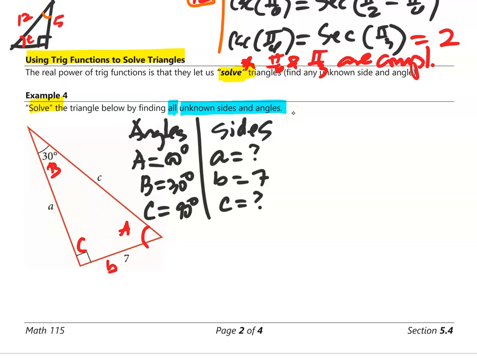Alright, let's start by solving side c. If you want to solve the hypotenuse, what do we have here? We have the angle 30 degrees and the side b, which is 7. So let's use that.